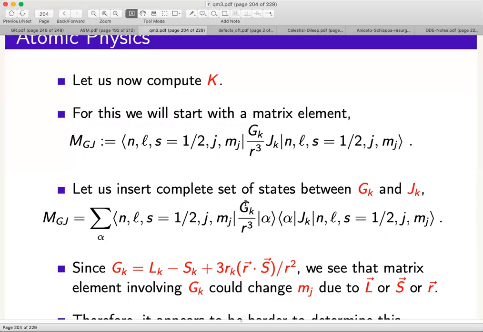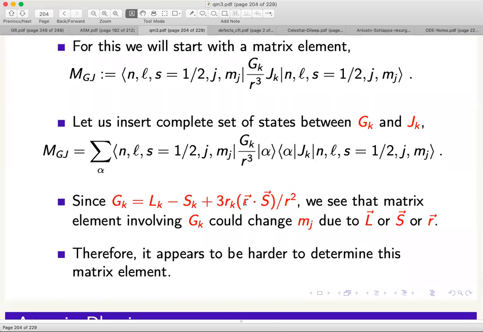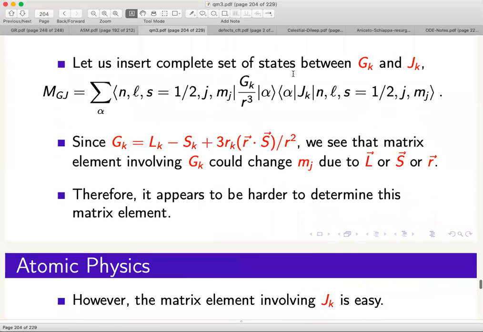Of course, what is called the reduced matrix element in the Wigner-Eckart theorem is something that you need to compute explicitly. And what we did in the last class was replace these operators by a suitable set of spherical vectors, namely jk, in this particular case.